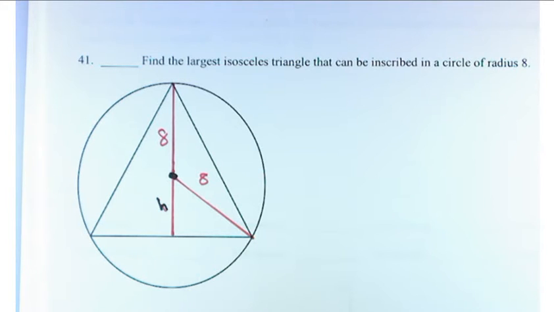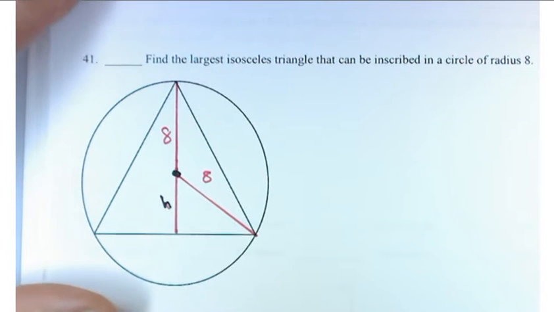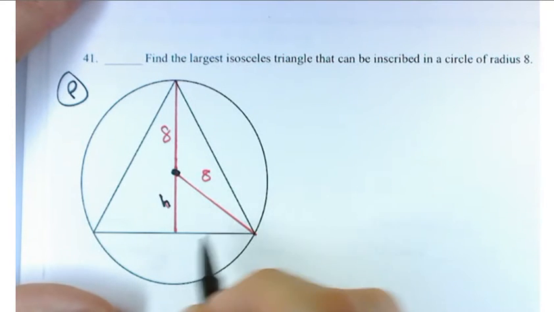Okay, so one of the things I'm going to need is to figure out a formula that tells me the area of this triangle. So, all right, let's think about that. Here's my picture. I need to label a little bit more here.